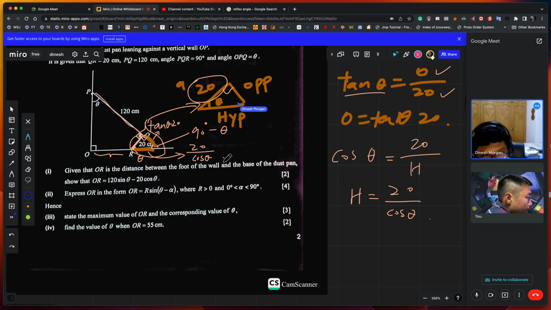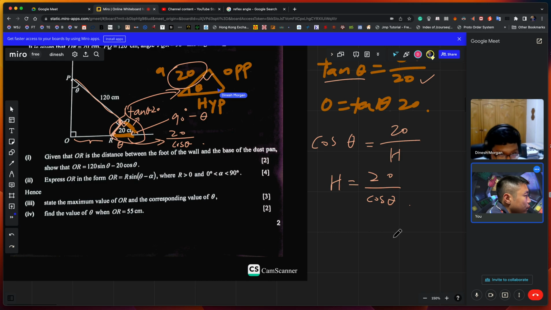Now you need to find it for the bigger one. You do the same thing with the theta. You find tangent. Tangent theta is opposite over 120. I'm a bit lost.